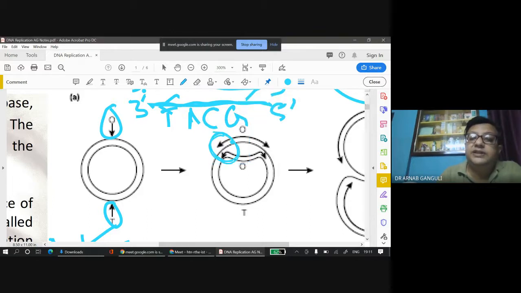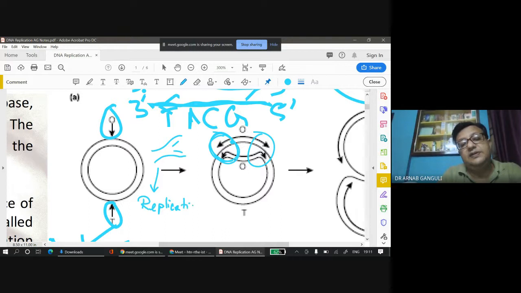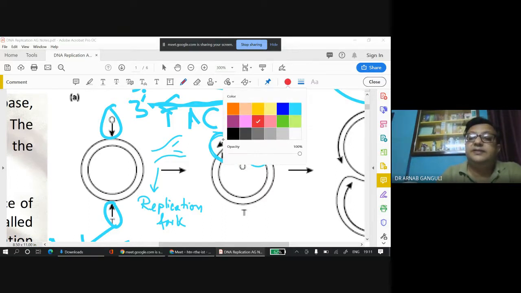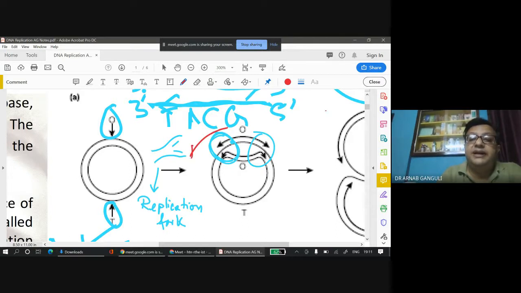If you see this region and this region, they look like a replication fork. They look like a region known as the replication fork. And you can see that the replication is bidirectional from the origin.